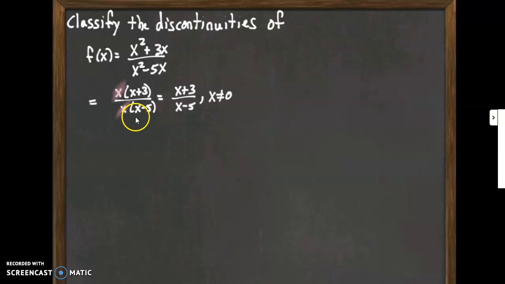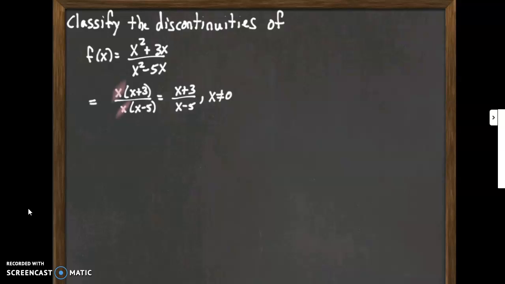So that is going to have a limit. The other one did not remove. It was still left over. And so that 0 that's left in the bottom will, of course, lead to a vertical asymptote and therefore be non-removable.